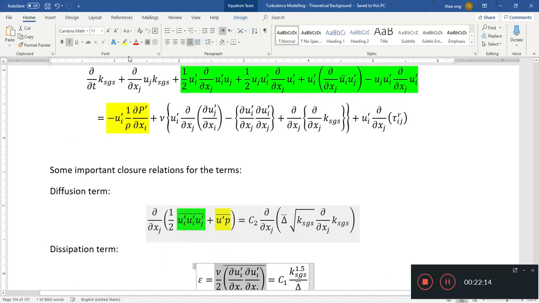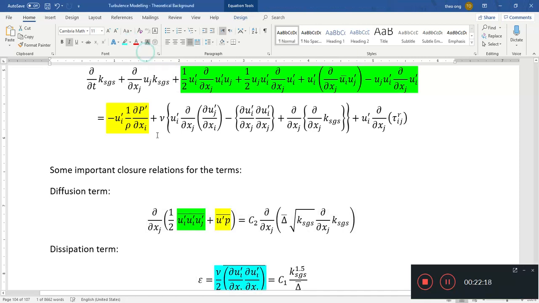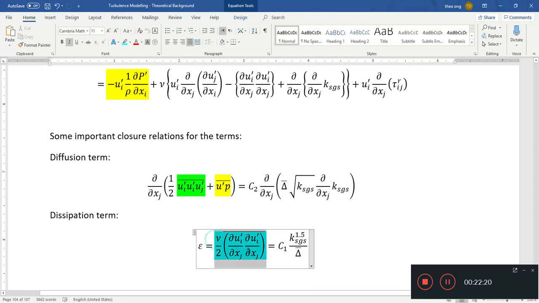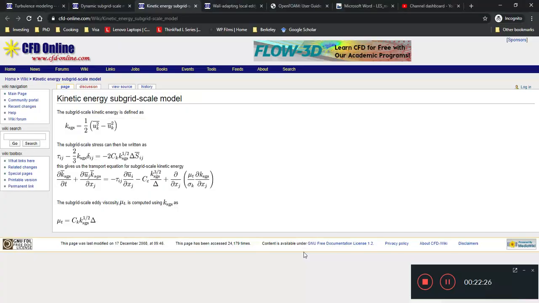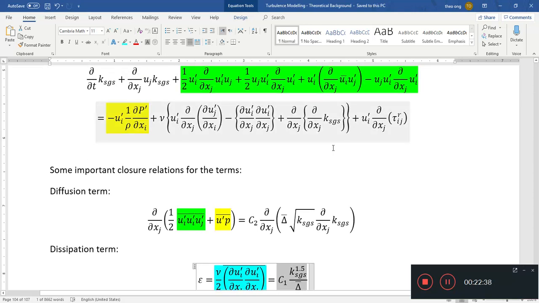But you see this term here, I will put it as maybe a cyan. This is the dissipative term, and it's equal to C1 KSGS over delta, which is the filter width, and this corresponds to this term over here, the CE KSGS to the 3/2 over delta. So this is the cyan term, and the cyan term will probably come from here.